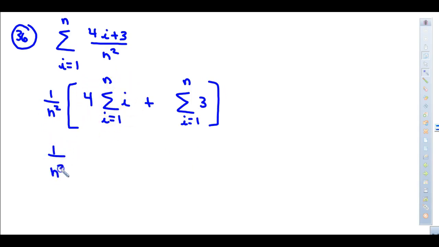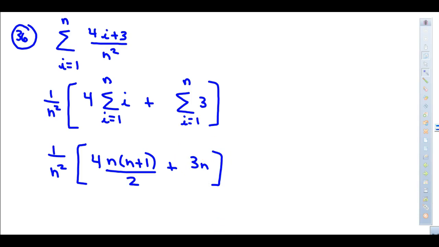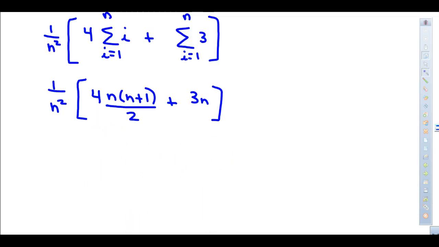So 1 over N squared, that's going to be 4 times the sum of my integers, 4 times N plus 1 all over 2. And then the sum of a constant is the constant times N. I'm going to simplify. This 2 divided into that 4 leaves me with 2.